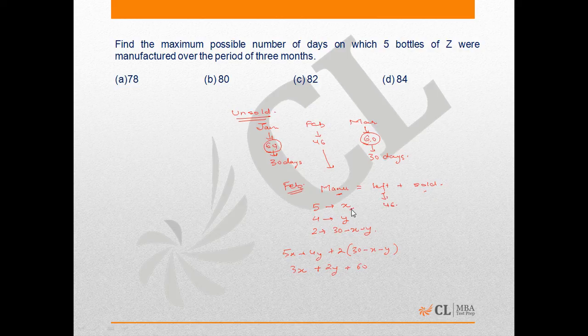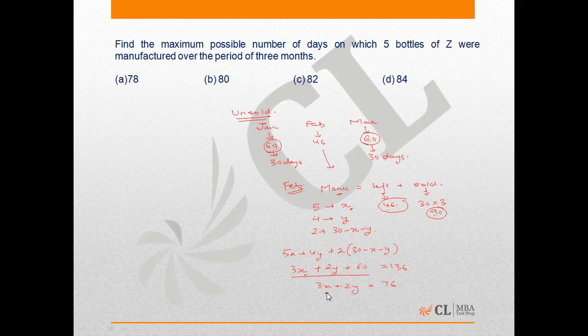Now since we have to maximize x, we have to maximize the number of bottles manufactured. So to maximize the number of bottles manufactured, we should maximize the number of bottles which are sold. So it will be equal to 3 bottles on every day in the month of February. That means 90 bottles, which will give me the sum as 46 plus 90, 136. Solving this, 3x plus 2y is equal to 76.